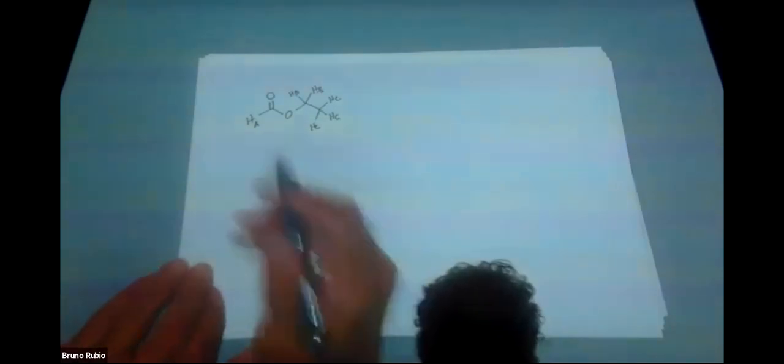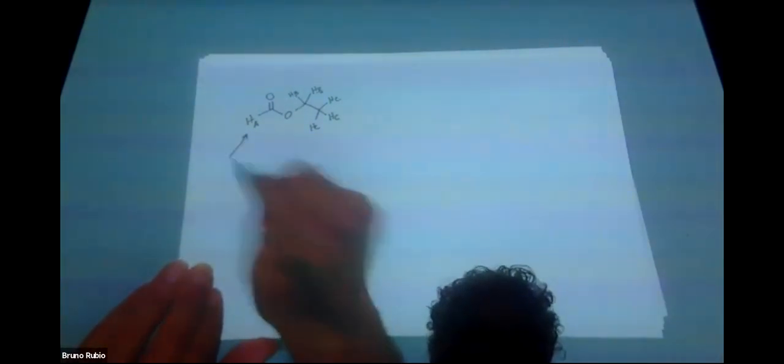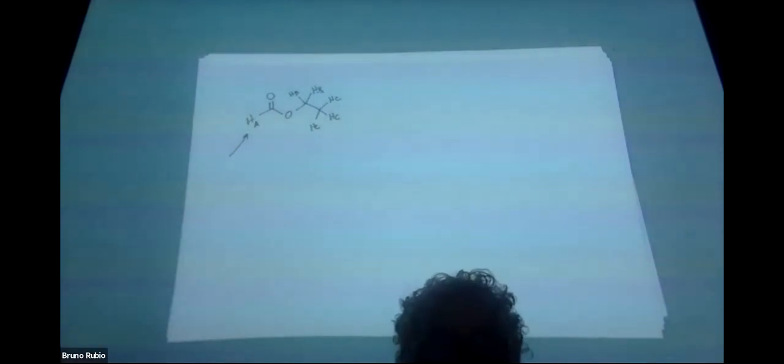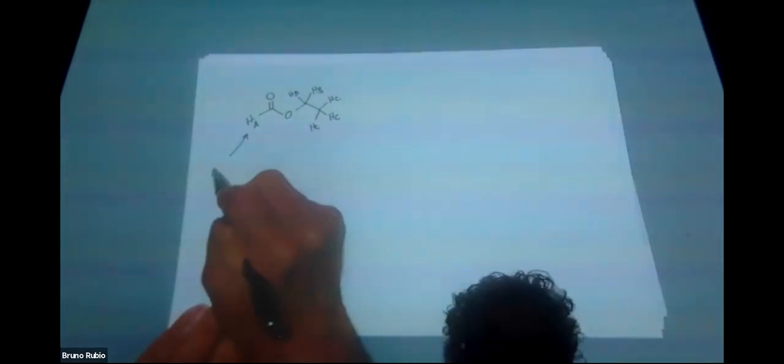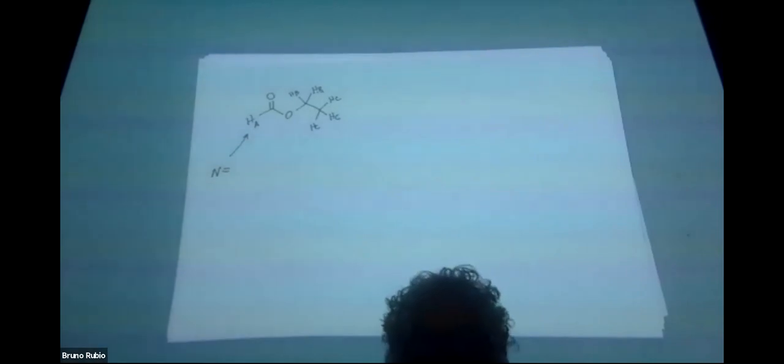Okay, so for the HA, what is the value of N in the N+1 rule? Yeah, tell me in the chat, what is N for the HA? It's not 1. How many neighbors? That's what N stands for. How many neighbors 2 bonds or 3 bonds away that are not equivalent to the HA?